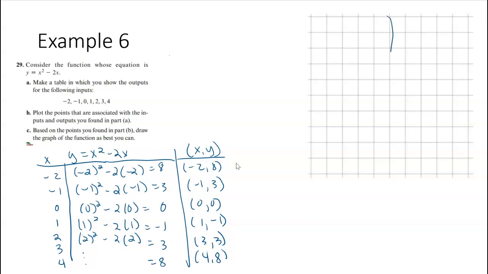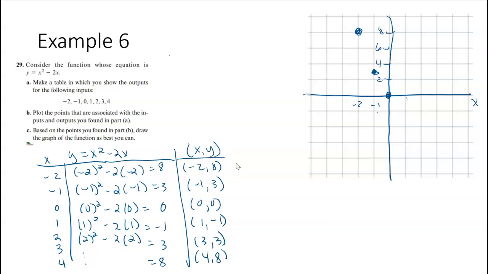Now we do have negatives, so let's kind of go like this. And we'll go by 1 on the x-axis because those are going by 1s, but we'll go by 2s up here. So -2, 8, -1, 3, 0, 0, 1, -1.